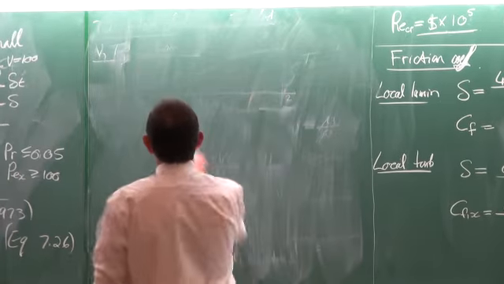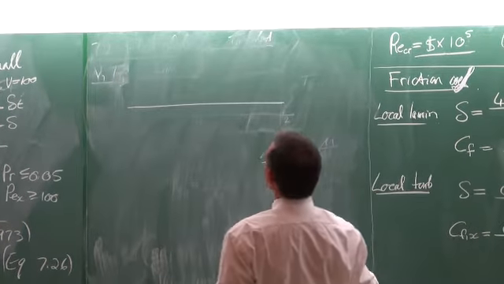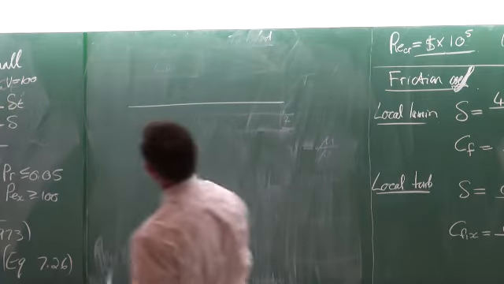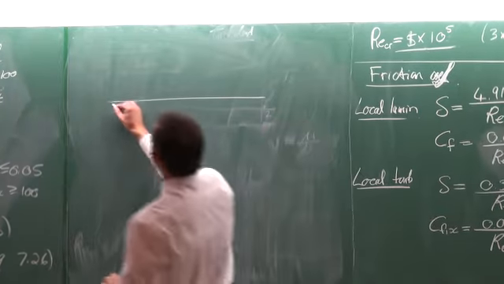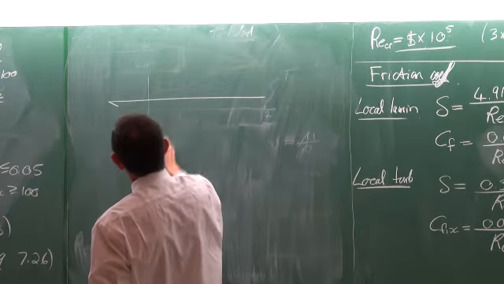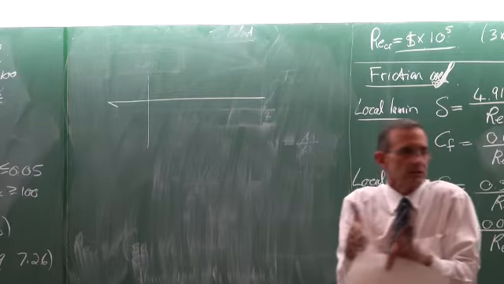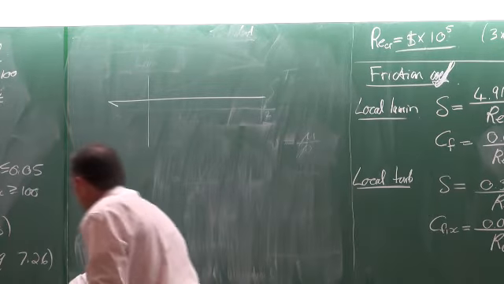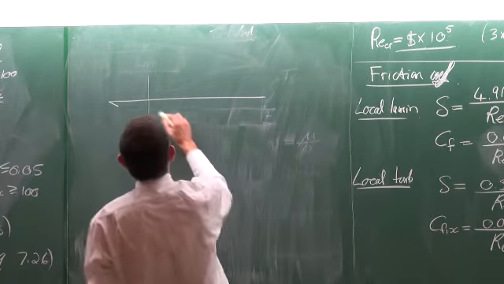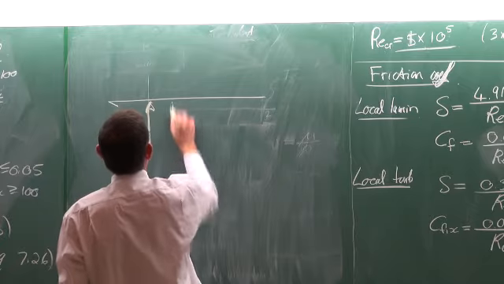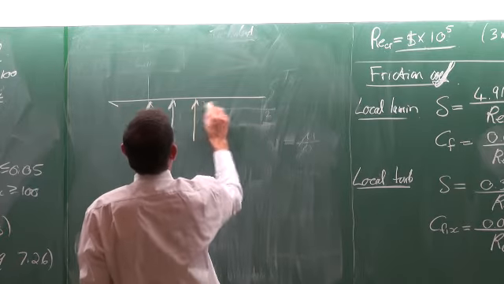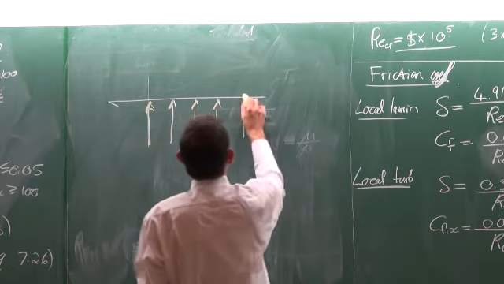Now, there's another class of problem, and that is a problem where we have a flat plate and the first part is not heated. Typically, if we show it schematically, we start heating the flat plate a little bit downstream.